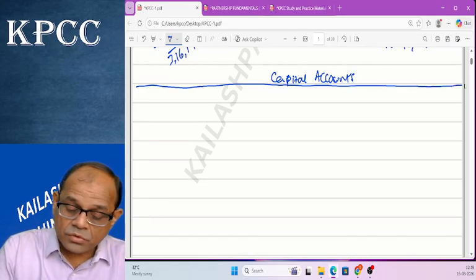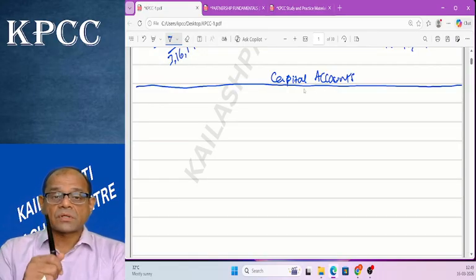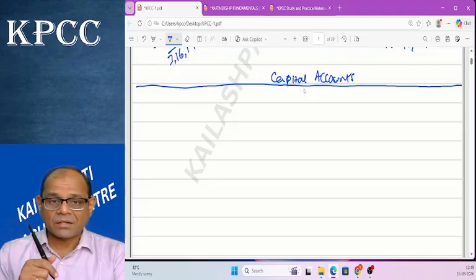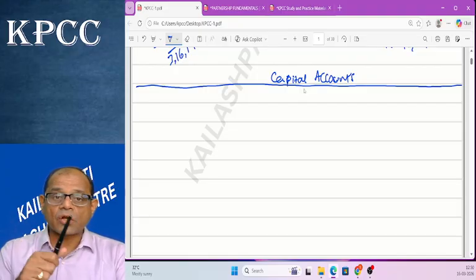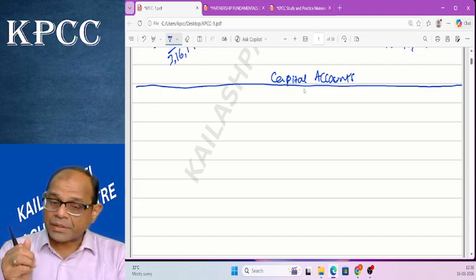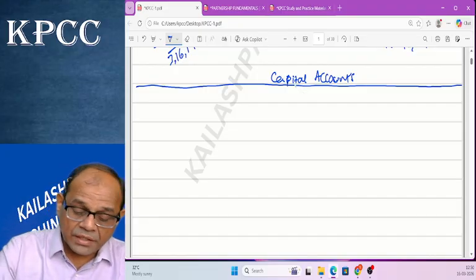If the capital accounts are fixed, where will you transfer all the items? Interest on capital, salary, share of profit, commission, then drawings, all of them will come in current account. But here, since the capital accounts are fluctuating, all of them you will write in the capital account itself.